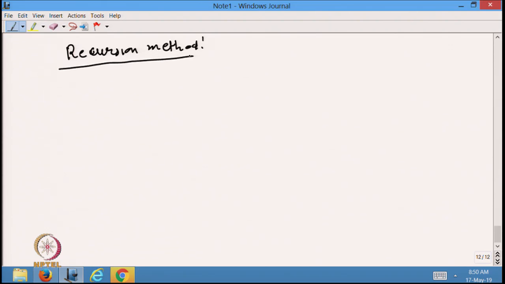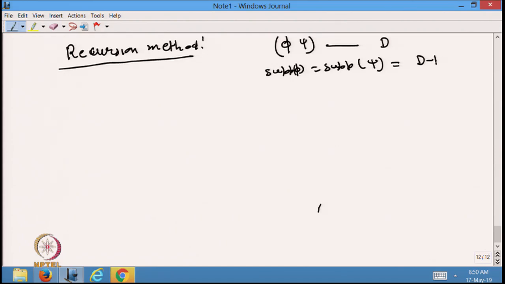Recursion method. What this method does: we know if phi and psi belong to a Daubechies family wavelet whose order is D, then the support of phi and psi will be 0 to D minus 1. Okay.